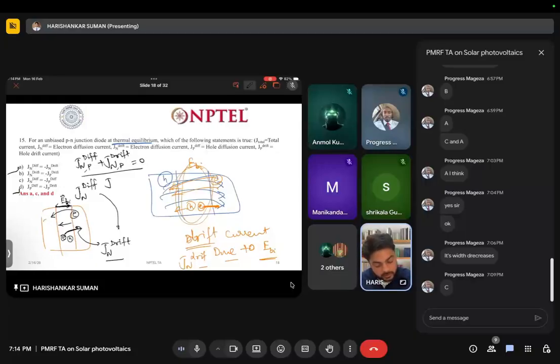And what else? C, let's check. Diffusion will balance the P holes.